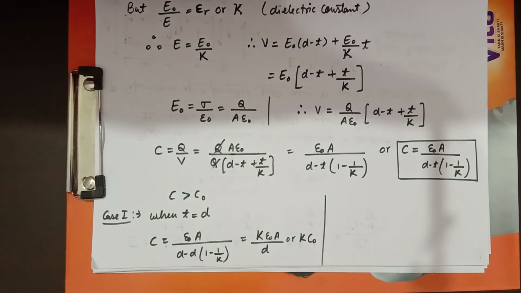So we can say the capacitance becomes K times when the dielectric slab completely fills the space between the parallel plate capacitor. Case number 2, when T is equal to D by 2.